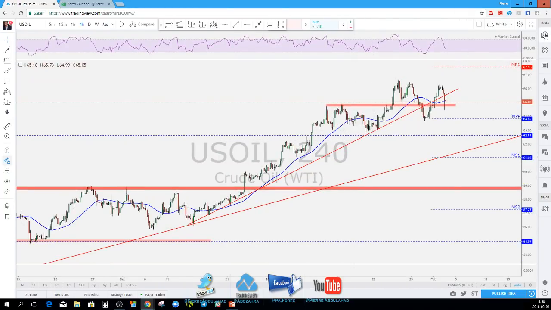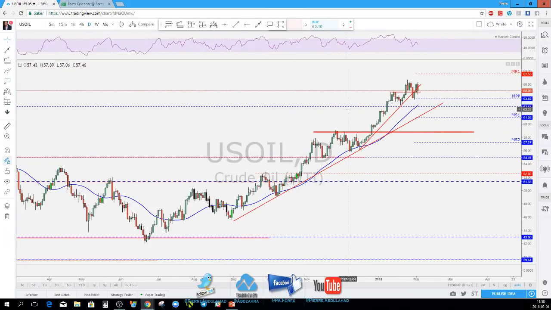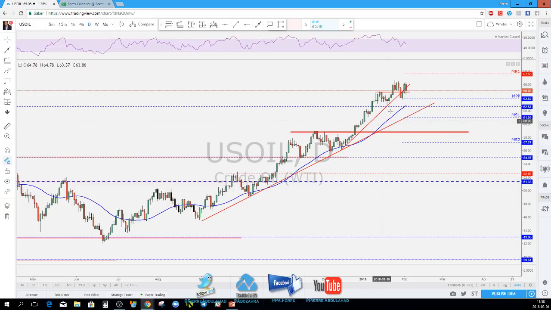US oil, we do have still a very strong bullish structure, but last week, as you see here, this was our last high, we got a correction and a try to make a continuation that couldn't break a new high.